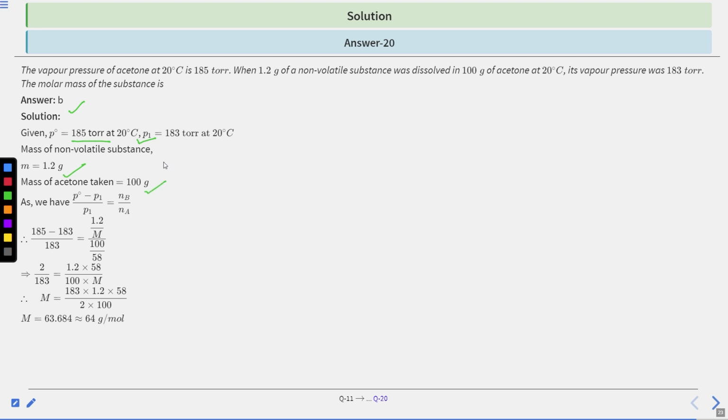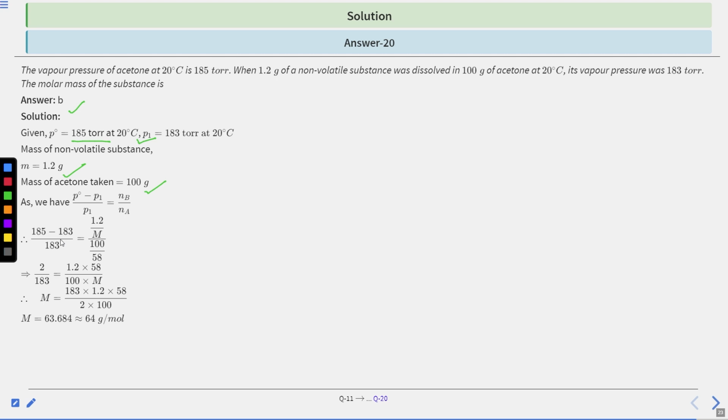The relative lowering of vapor pressure is equal to the ratio of the number of moles of solute and solvent. On putting the values, 185 minus 183 upon 183 equals given mass 1.2 upon molar mass, divided by 100 gram upon molar mass of acetone, that is 58.